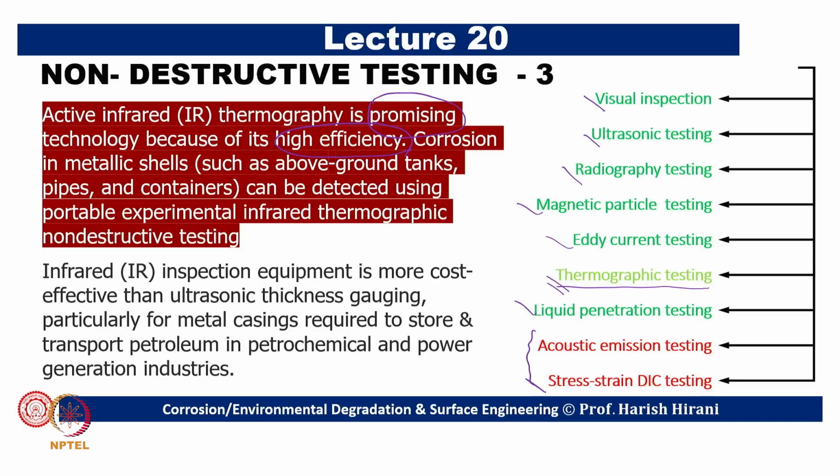And in fact, a major advantage arises when there is corrosion in metallic shells, which happens in a number of places like overhead tanks, pipes, containers.